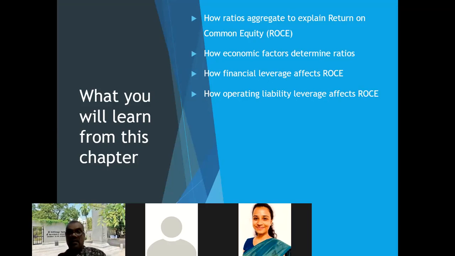Instead of that, on the other hand, it has enormous opportunities to use its financial leverage in such a manner to increase the return on equity, and the operating liability leverage to increase the equity, and the level of efficiency that prevails within an organization, the way of organizing things within an entity.